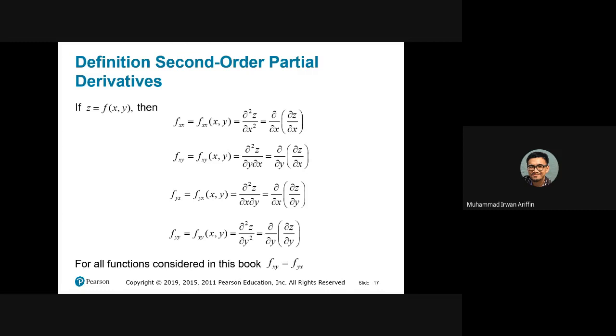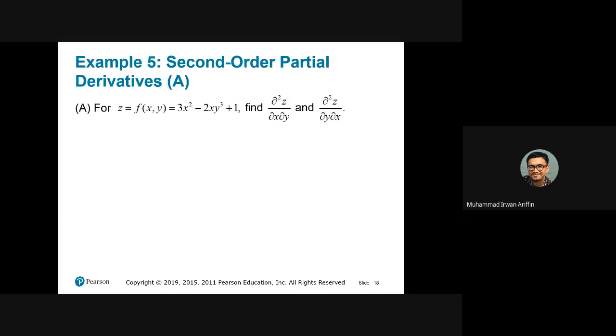Now, for this course, we are going to simply consider these two to be the same. So we have simplified your work: if such a question comes in the final exam, because we have assumed these two to be the same, you only need to find three pairs of second order partial derivatives.